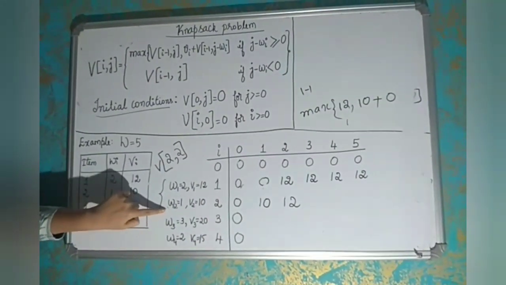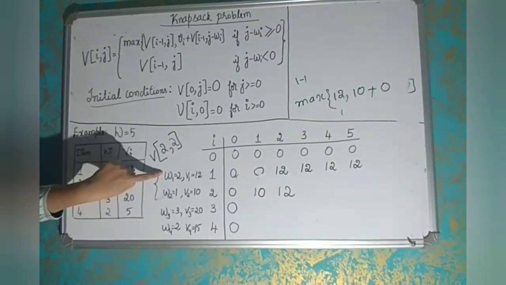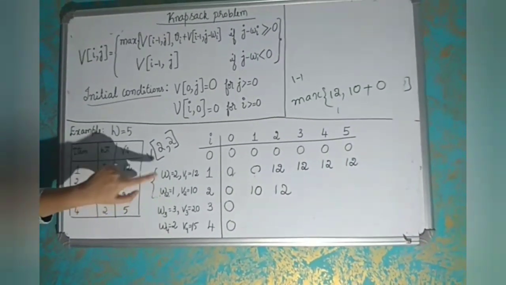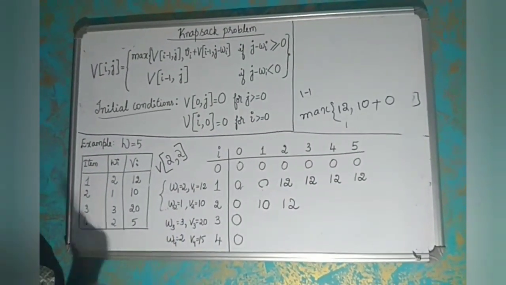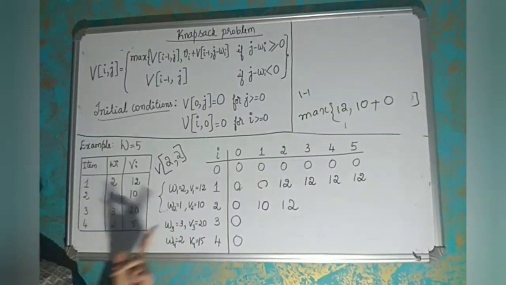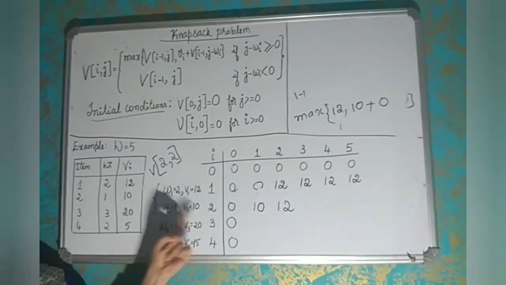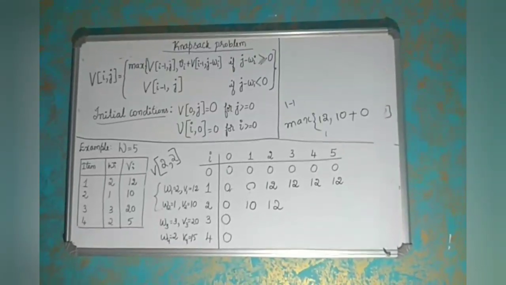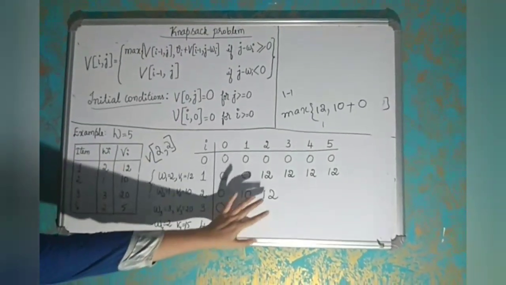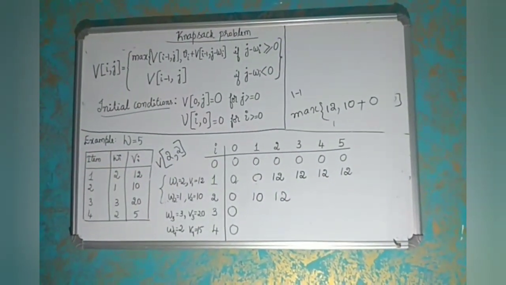Out of these 2, which one will you consider? Obviously you will consider the first item because it has the profit 12. If you consider the second item, it has the profit 10. So we are interested in the maximum profit. That is how we got 12 here.